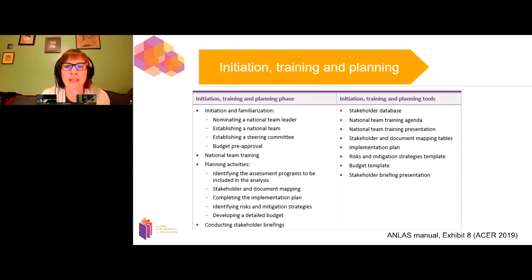The main activities of the initiation, training and planning phase include first the establishment of a national team, a team leader and also a steering committee, then the national team training, various planning activities, and also the conducting of stakeholder briefings to inform all the stakeholders to be involved in the analysis. The corresponding tools for this phase are listed in the right column.